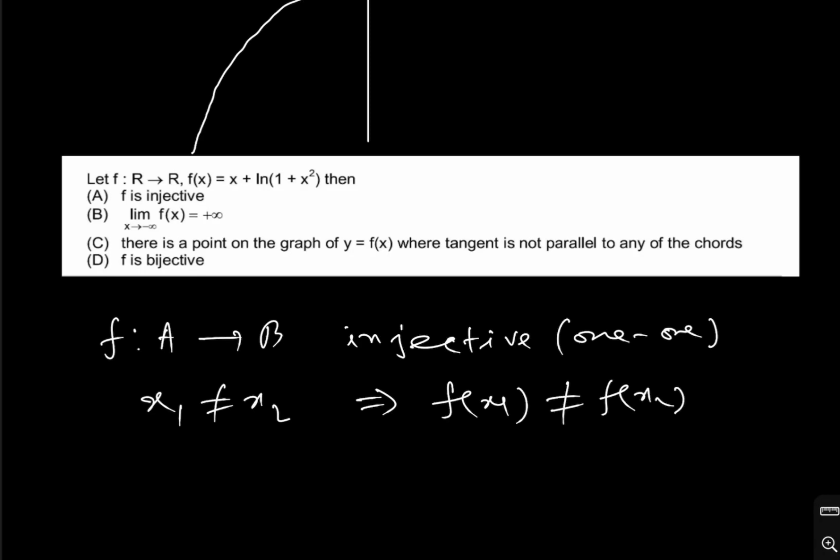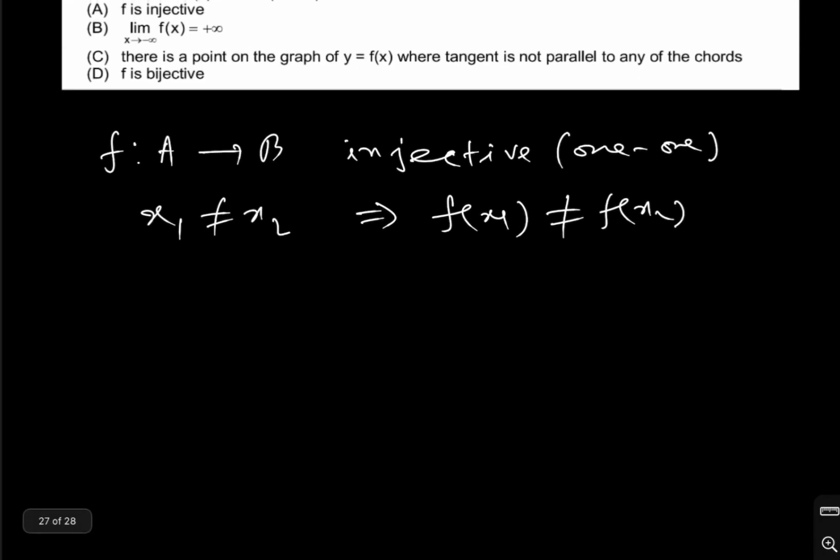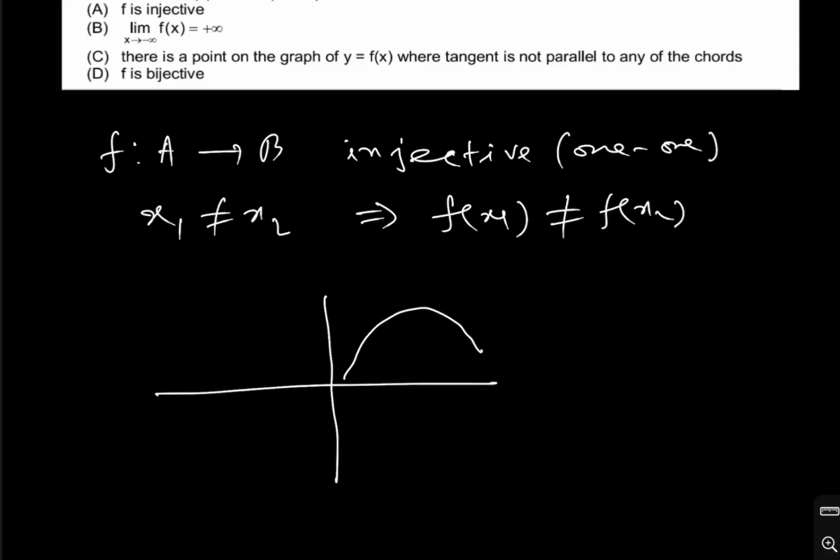Okay, now when does the function become injective or not injective? Look, suppose this is a function, and if we draw a line parallel to the x-axis, that is, suppose y is equal to k, a line parallel to the x-axis, and it cuts f(x) at two distinct points.